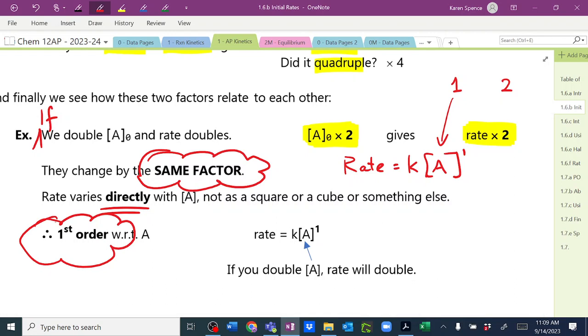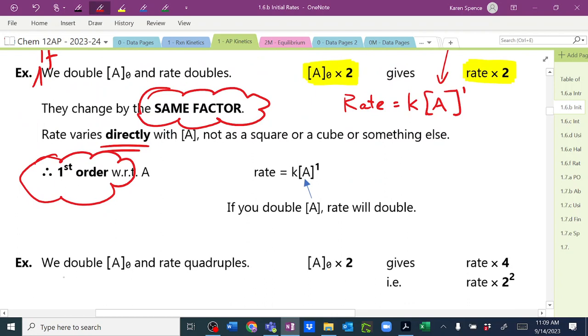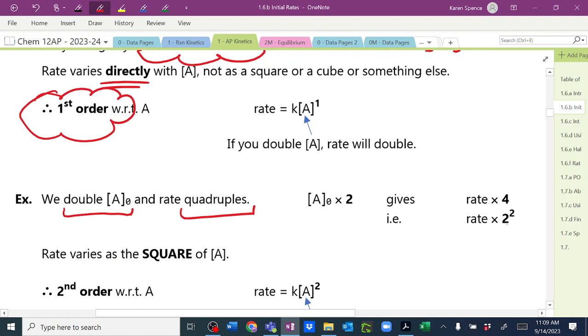And if we tripled it, it would... okay, if we double A naught and the rate quadruples, that means that we have, if A naught we multiply by 2 and we get rate times 4, in other words, that's rate times 2 squared, and that means it goes as the square. That means it's second order with respect to A.